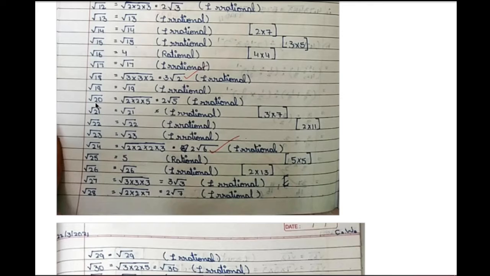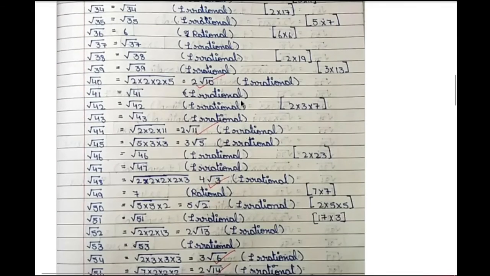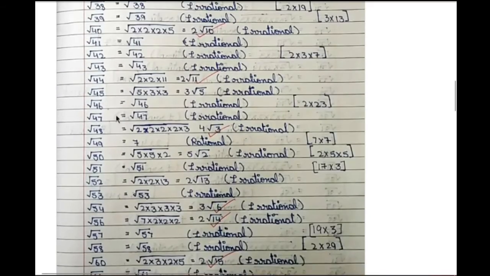Just like here, root 20 is 2 root 5, or you can say 2 times root 5 or 2 into root 5. We simply call it 2 root 5, but the operator between them is multiplication. This is the way we simplify them.